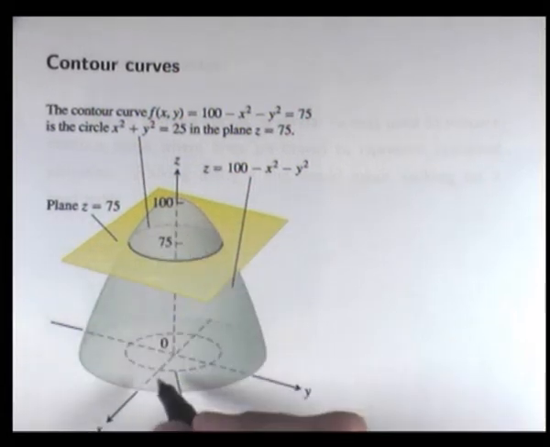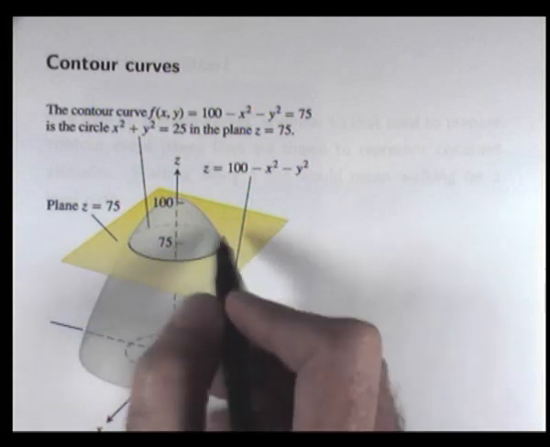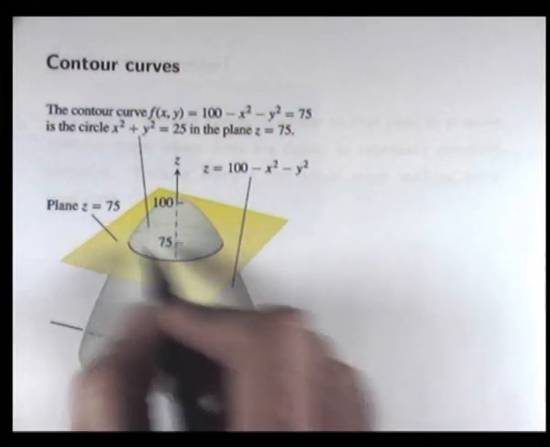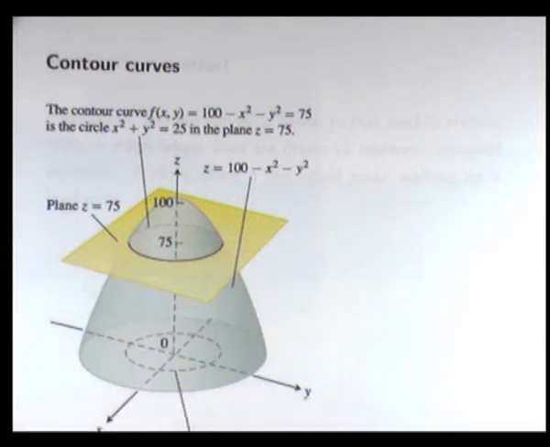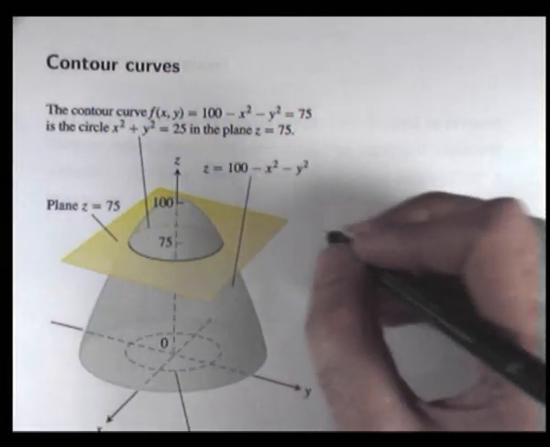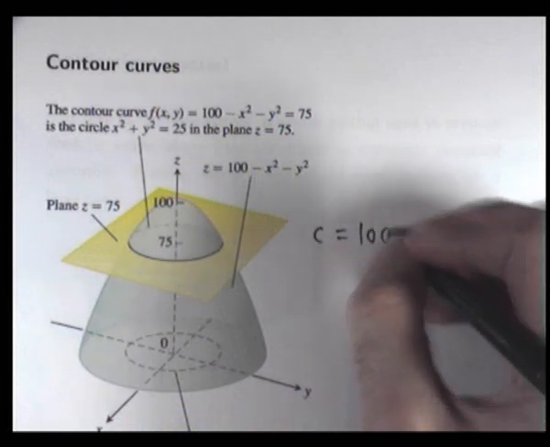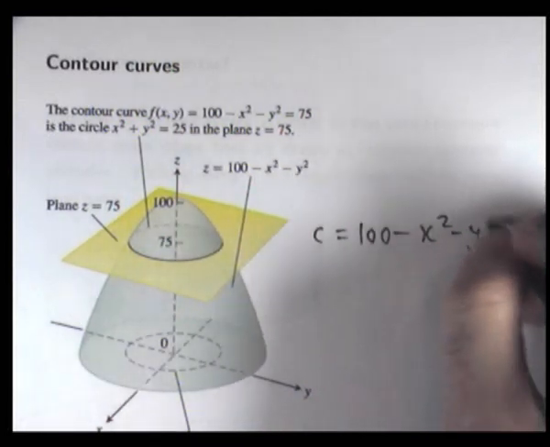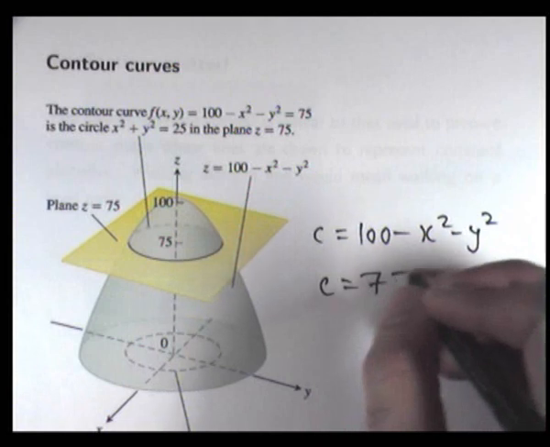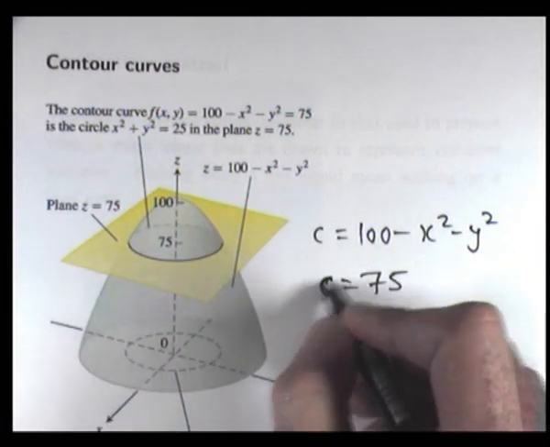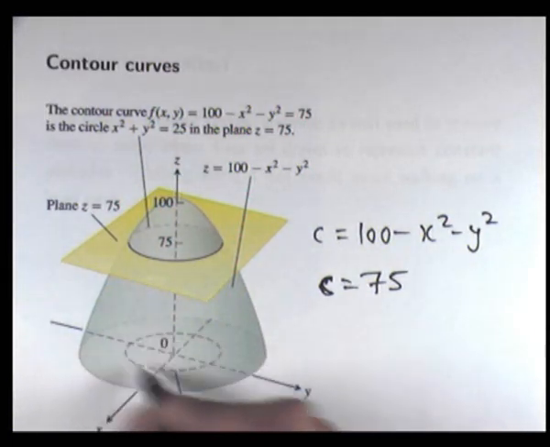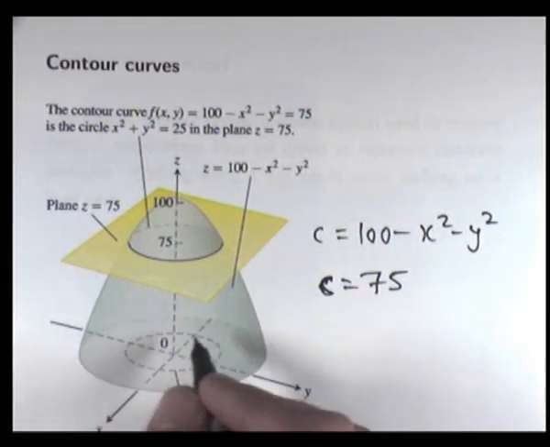So this is actually the level curve, and this is the contour curve. In that case, what's happened is we've set c equal to 75 here. That's how we can produce this particular level curve.